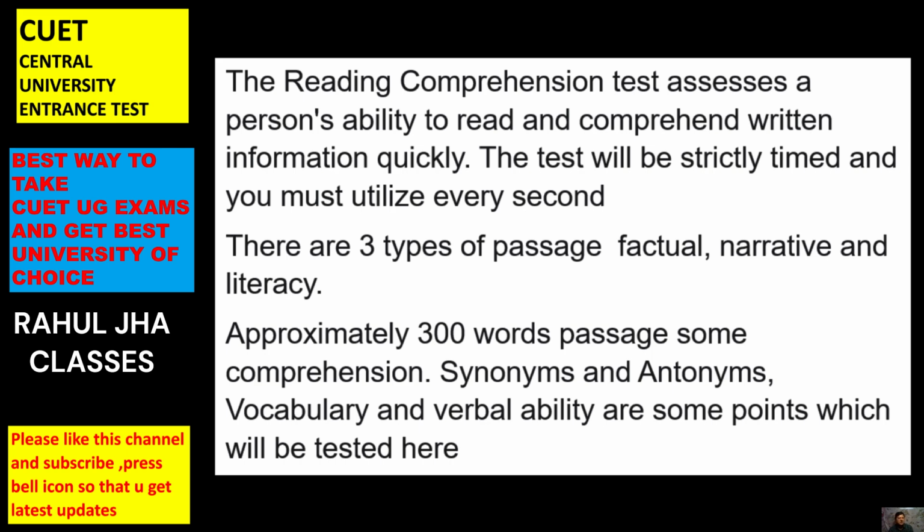Now in the passage there are three types of passage: factual, narrative and literary. The passage will be approximately 300 words. There will be a passage, some comprehension, synonyms, antonyms, vocabulary, verbal ability, and some points which will be tested here.